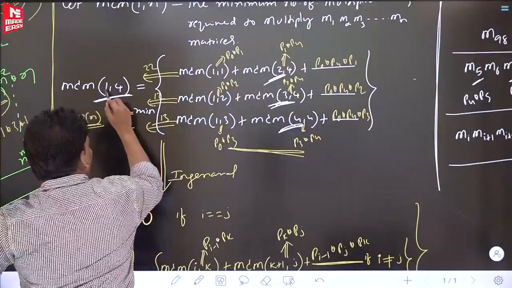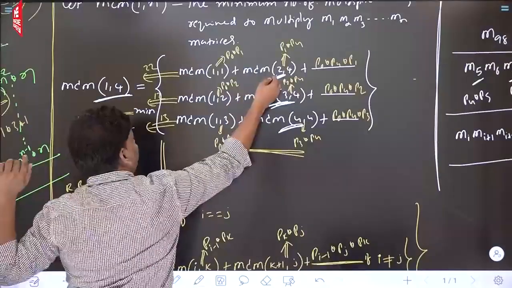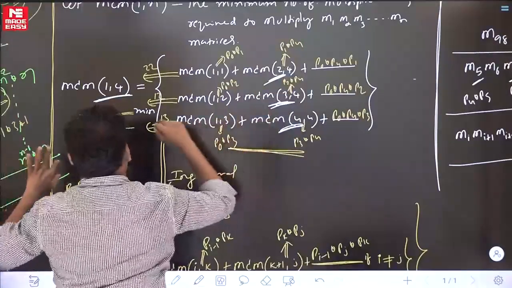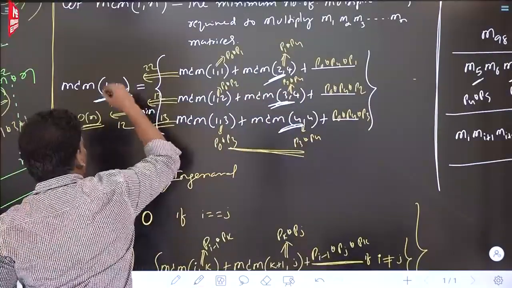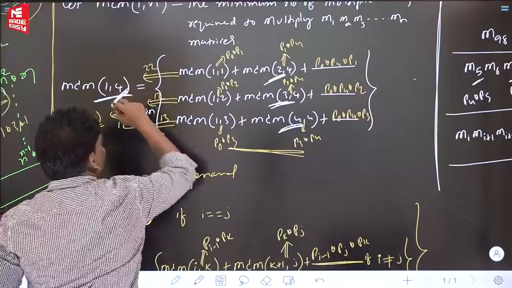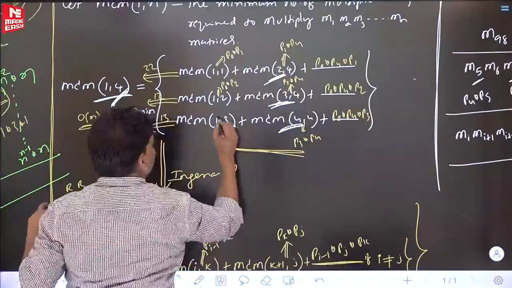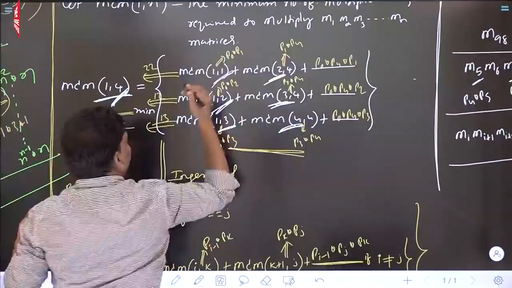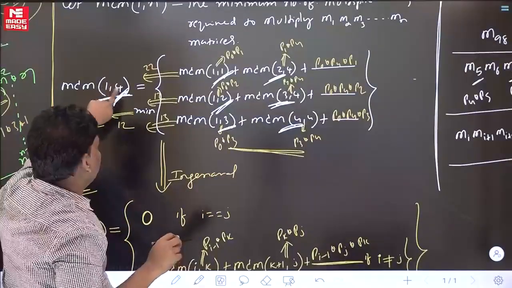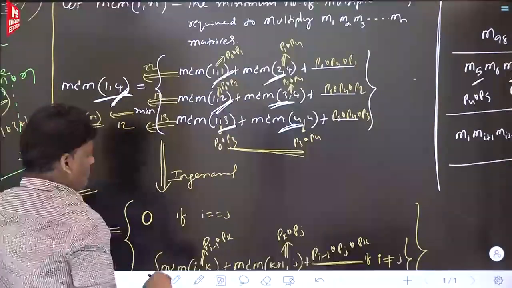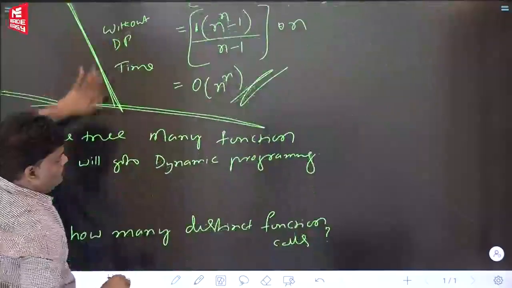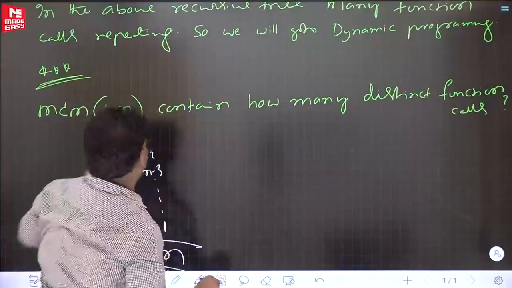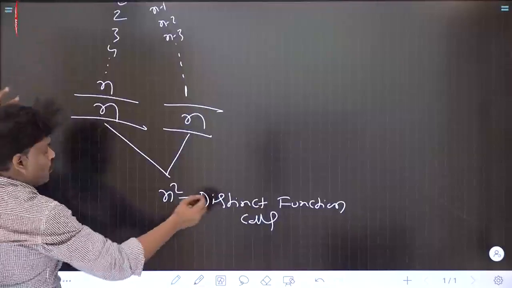Next, the last place is 4. Whenever recursion is going on, the last place may be 4, 3 also, 2 also, 1 also. That is the reason this can change in 4 ways, and this also can change in 4 ways. That is the reason I did the example. We are calculating only distinct function calls. So how many distinct function calls? N square distinct function calls.